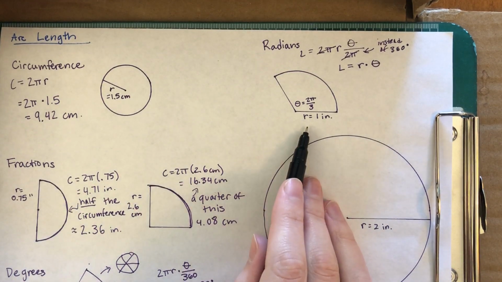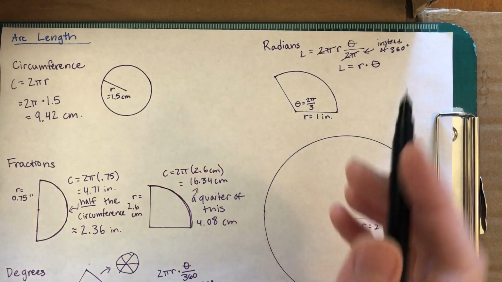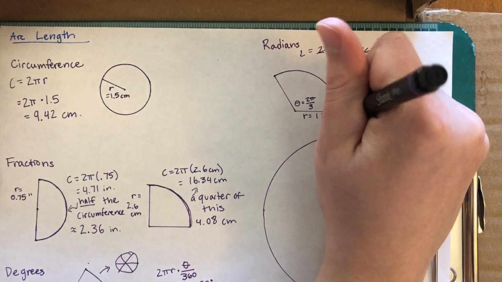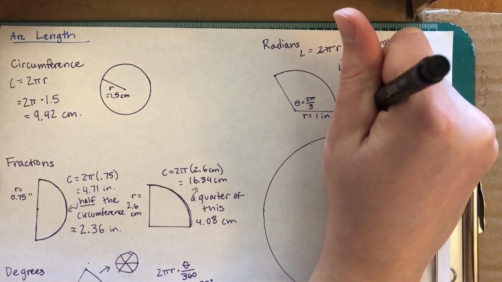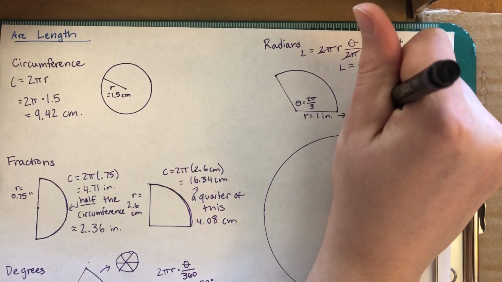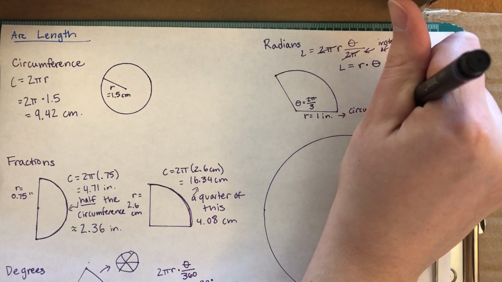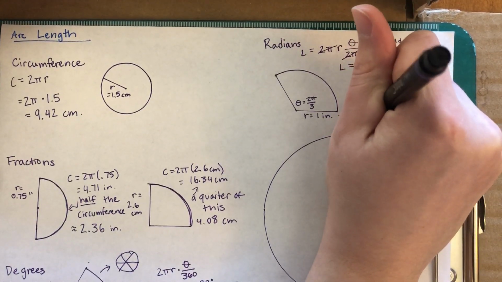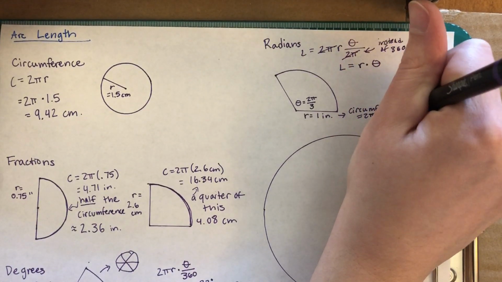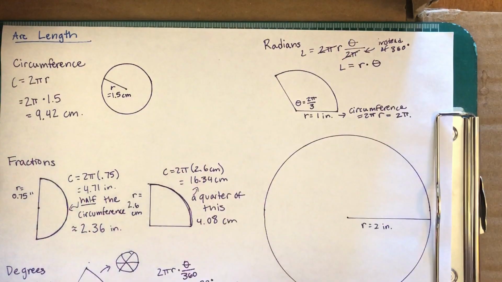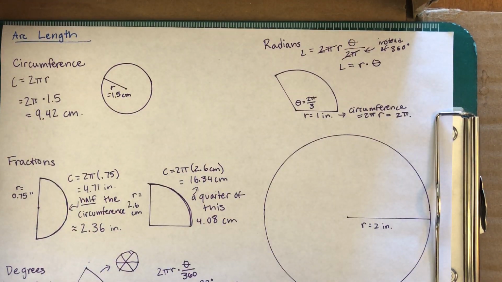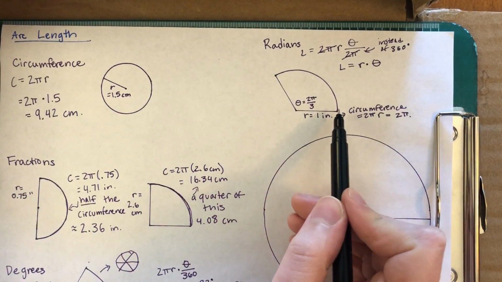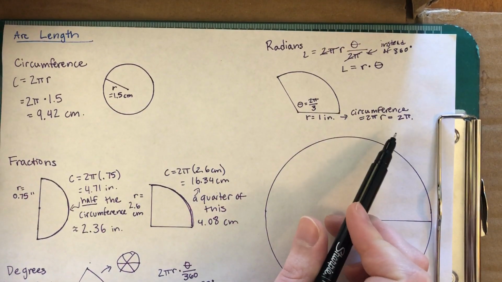If I have a circle with a radius of 1 inch, that means that the circumference is 2 pi r, which would just equal 2 pi. So that would be 6.28 inches.